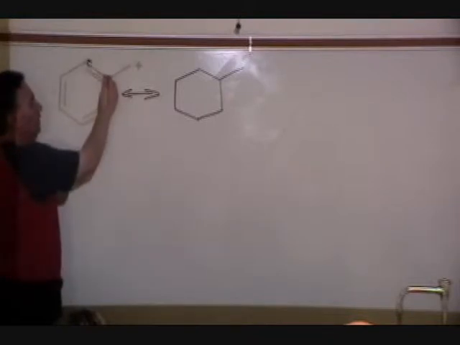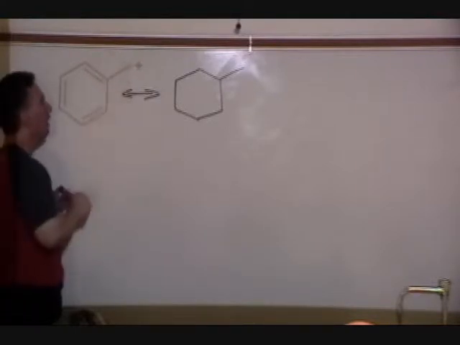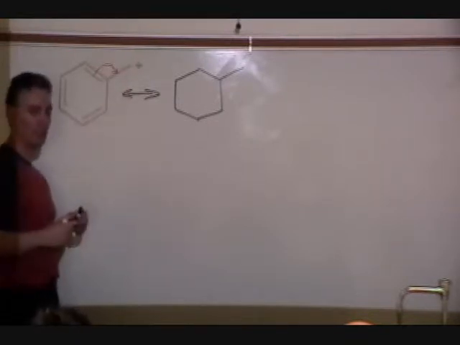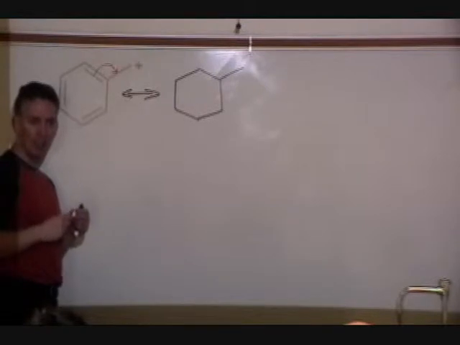So a pi bond pivoting from this carbon, which is connected to both the other carbon in the pi bond and the electron deficient carbon, is going to swing like a gate and pivot from that point. So the pi bond swings round like this.